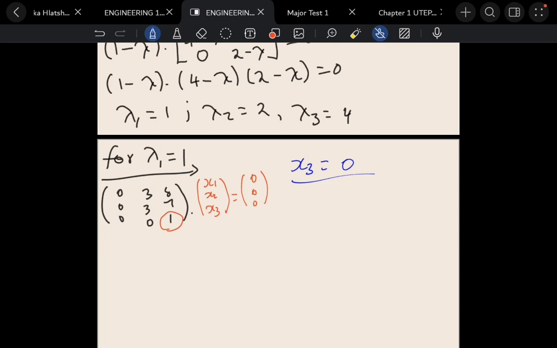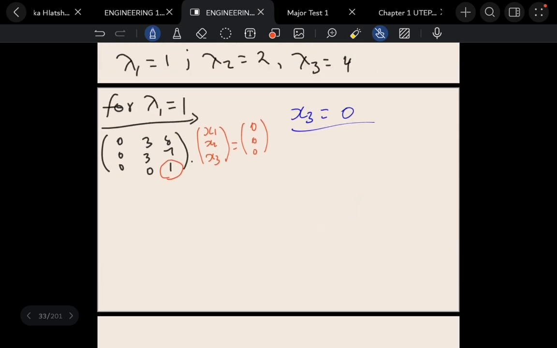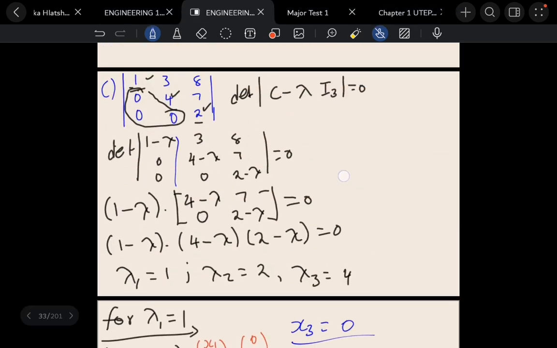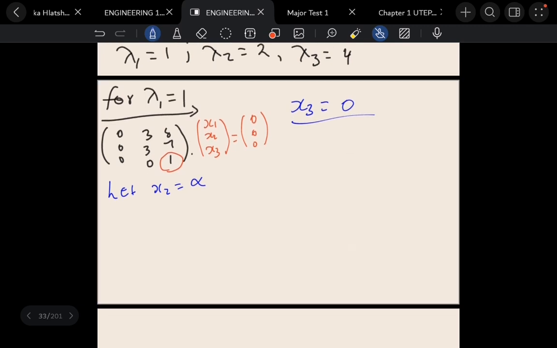Because x3 equals 0, let x2 equal alpha. Then I'll be able to solve for x2, right?